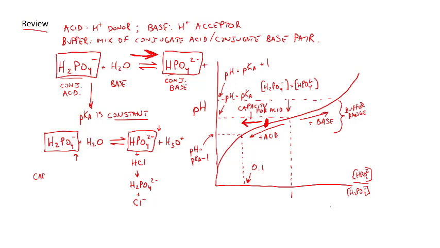So our buffering capacity is the number of moles of acid that can be absorbed without going outside of the buffering range.